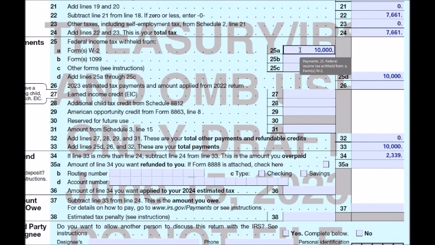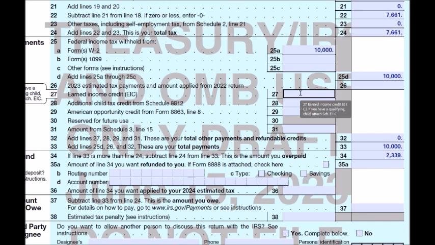Line 25a, that's federal income tax withheld from the W-2 form, and we have $10,000. And then line 25d is just combining all of these together, and we get $10,000.